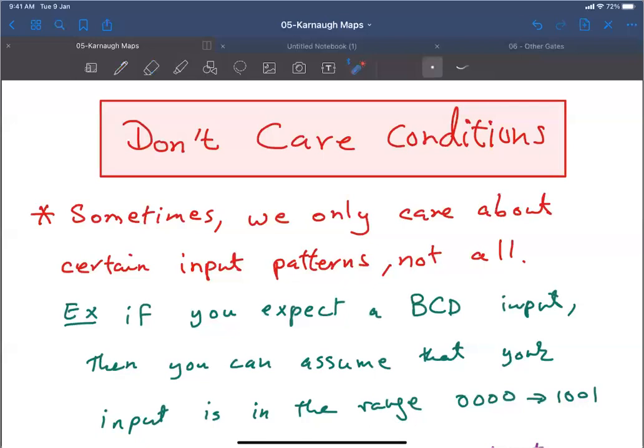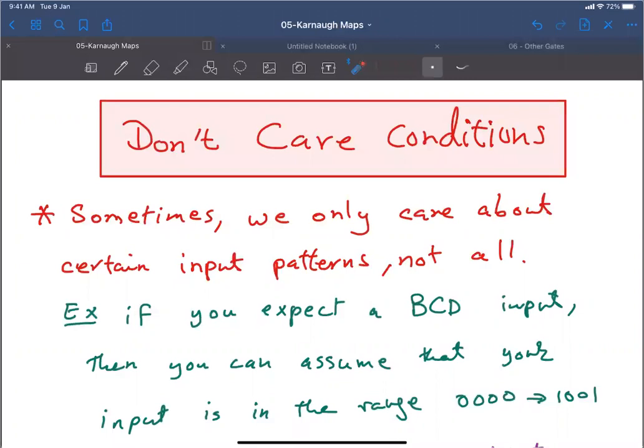So let's say that you are expecting a BCD input. What is BCD? It's binary coded decimal. It's a binary number that is coding a decimal digit, right? And decimal digits range from what to what? 0 to 9, right? So your binary coded decimal, as we learned in unit 1, is 4-bit.